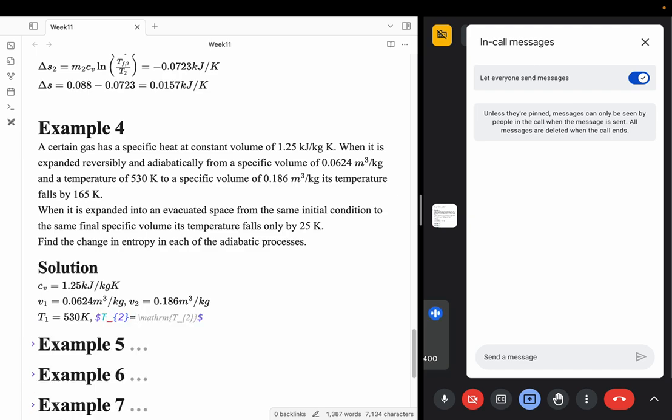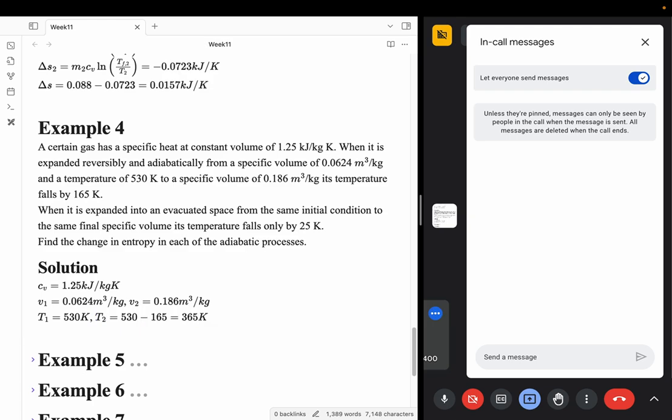Temperature falls by 165 Kelvin, so that should be, so this is given. So what kind of process is this? The first one is an adiabatic process. So what should be the delta S for this process?